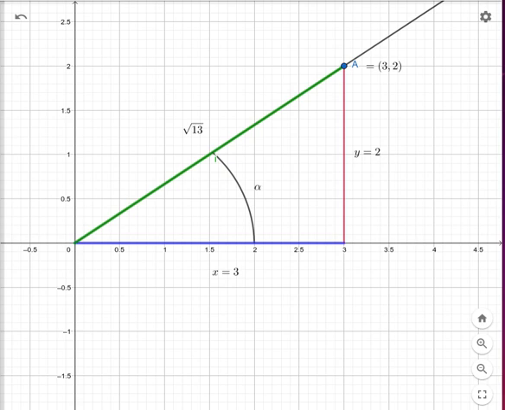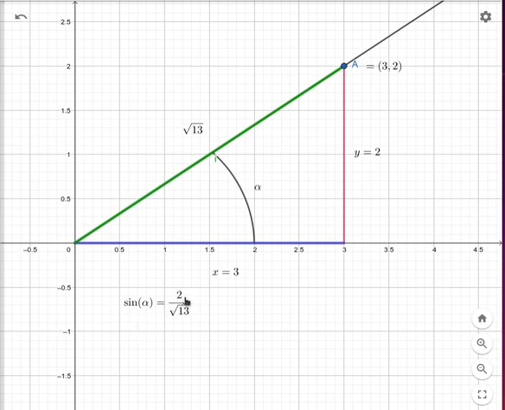For example, the sine is the opposite over the hypotenuse. So the sine of alpha is equal to 2 over the square root of 13. Okay, I corrected the typo.